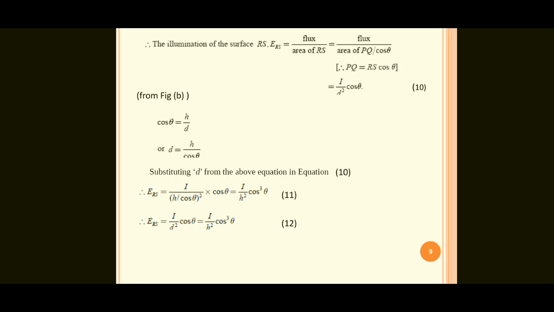So PQ is equal to RS cos theta, means I by d square into cos theta. So from figure B, cos theta is equal to h by d, or d equals h by cos theta.